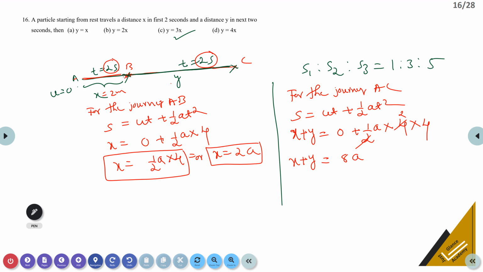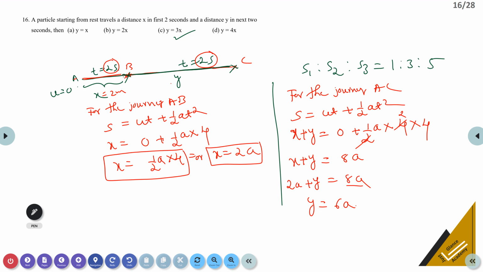But x, I know this, it is 2a. 2a plus y equal to 8a. Correct? So x plus y equal to 8a. Then y equal to 8a minus 2a, it becomes 6a here.